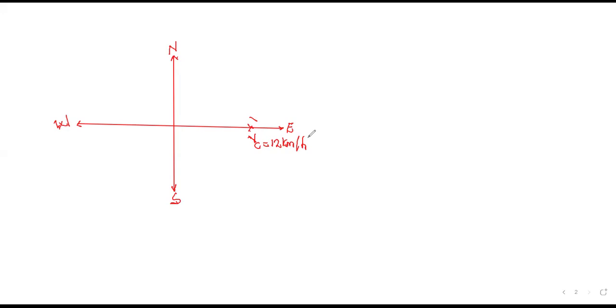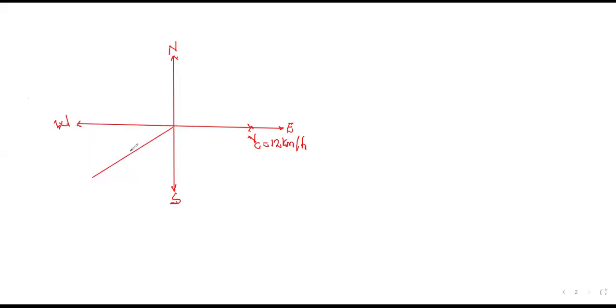And then wind is blowing from southwest, meaning the direction of the wind is here. It directly divides this quadrant into two.